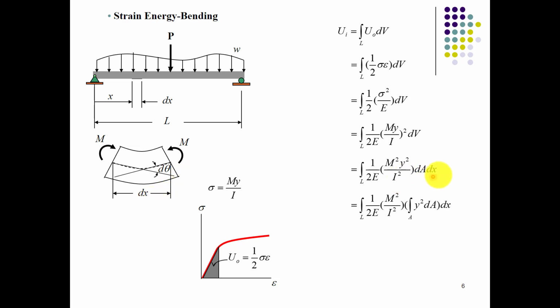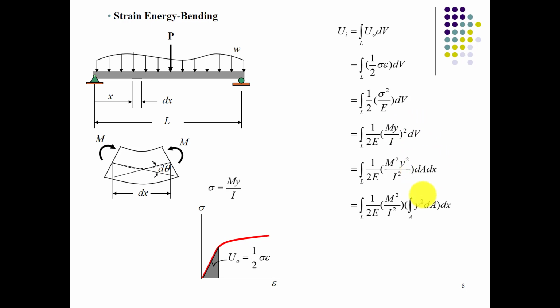So dA and dx is a cumulative function of the vertical force acting upon this cross section. Delta A is the whole area, and delta x is the small chunk of this cross section. So delta A into delta x is the total shear acting upon it.